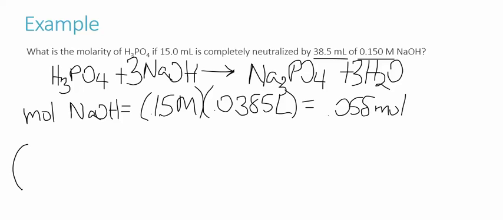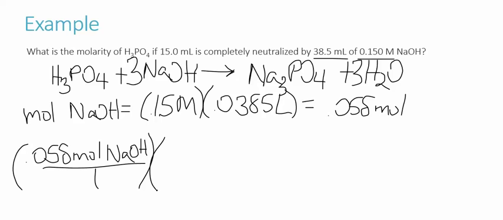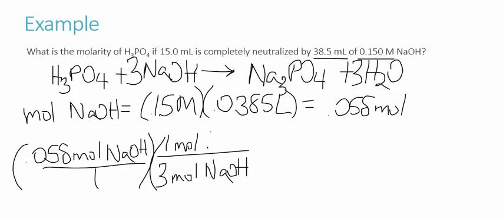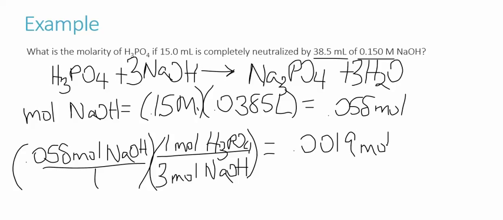Second step, take the moles of the base, do a mole-to-mole ratio, go back to the balanced chemical equation. There are 3 moles of NaOH for every 1 mole of H3PO4. So the moles of H3PO4 comes out to 0.0019 moles.